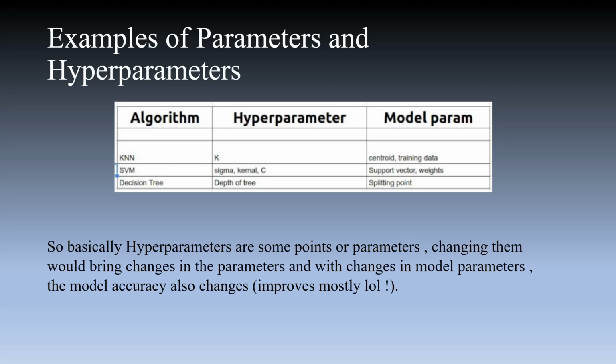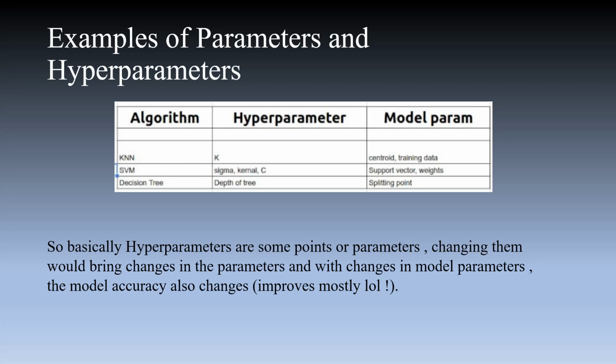All right. Next are the examples of parameters and hyperparameters. For KNN, the hyperparameter is K. This is just one scenario, and it affects the centroid and the training data. So this hyperparameter affects this model parameter, which in turn affects the accuracy of the algorithm.